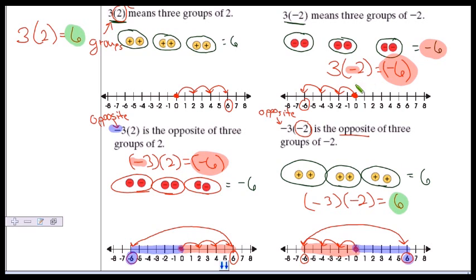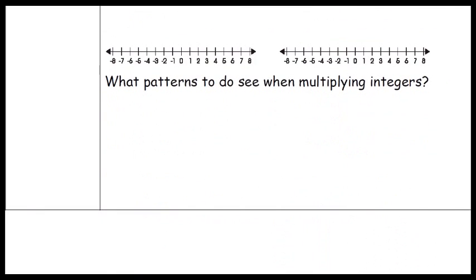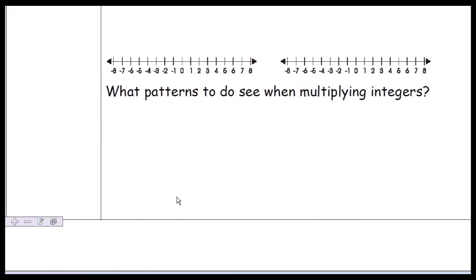And if you have only 1 negative sign, like this one or this one, then your answer is going to be negative. So I think that we can go a little bit farther now and write down these patterns right here. Let's talk about this right quick. If we had a positive and we multiplied times another positive, we got a positive.